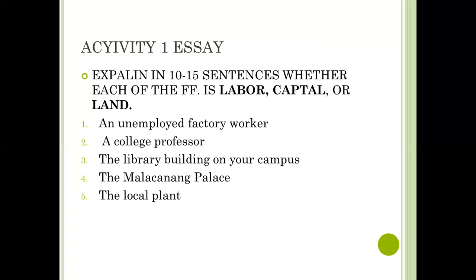You may just limit your answers to 5 sentences, and the total number of items is just 5, for 2 points each. So if you have any questions, once again, don't hesitate to ask me. You may reach me through my personal Facebook account or through Facebook Messenger. Also, you may see me directly at school for your questions or clarifications.